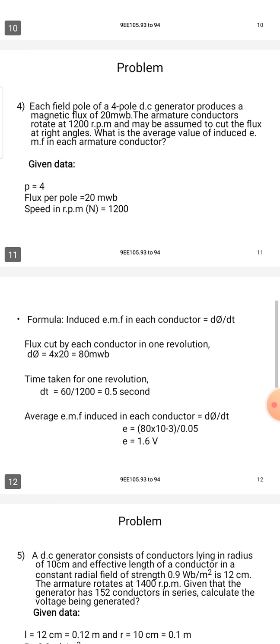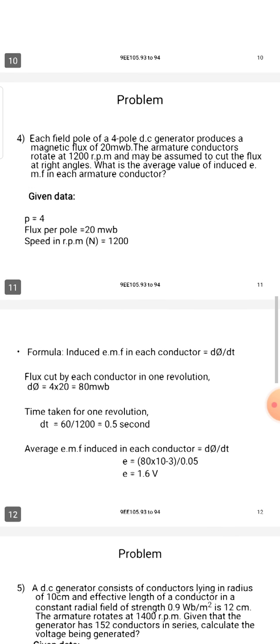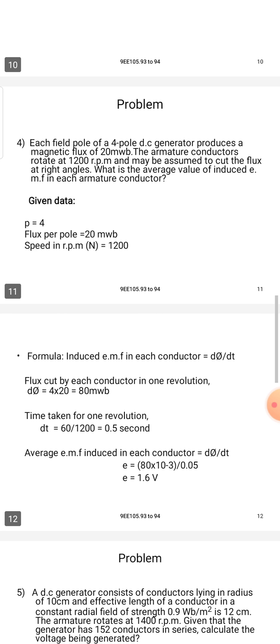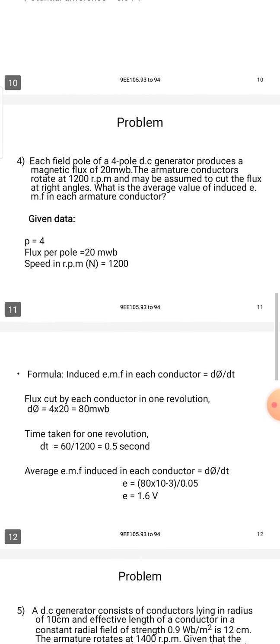So the average induced EMF in each conductor is dφ by dt. The change of flux is 80 milliwebers, that is 80 into 10 power minus 3, divided by the change in time, 0.05. The induced EMF is E is equal to 1.6 volts.